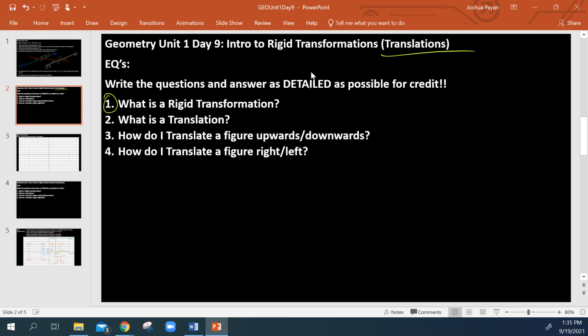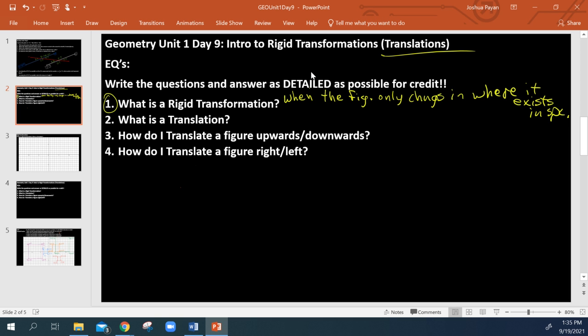We can go ahead and answer EQ1. We talked about this in the previous lesson. So you've got rigid and non-rigid transformations. Right? So a rigid transformation is when the figure or function only changes in where it exists in space.